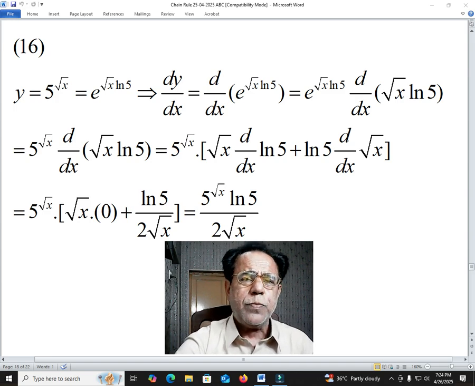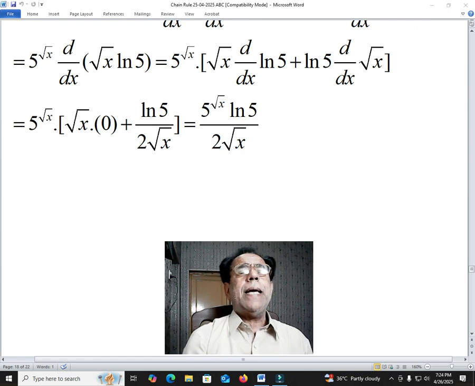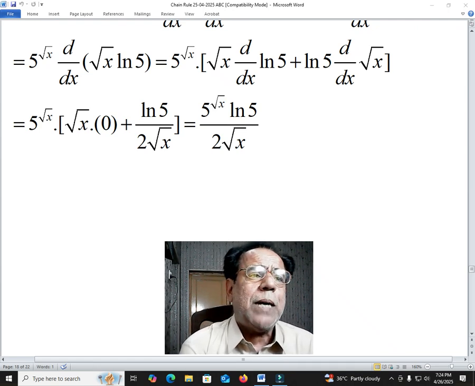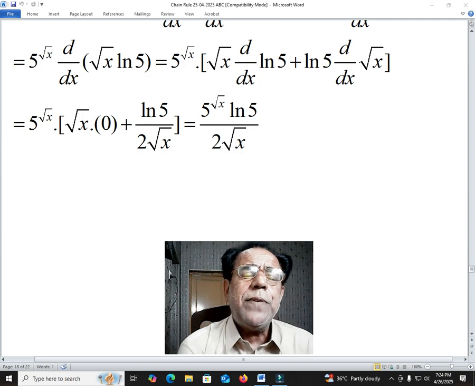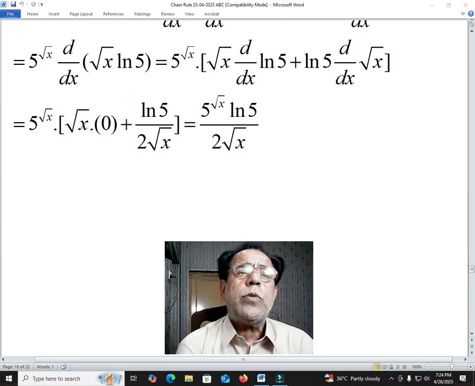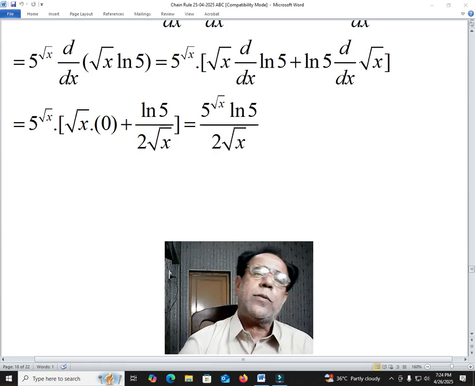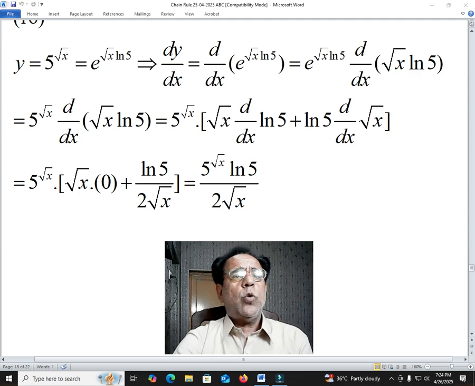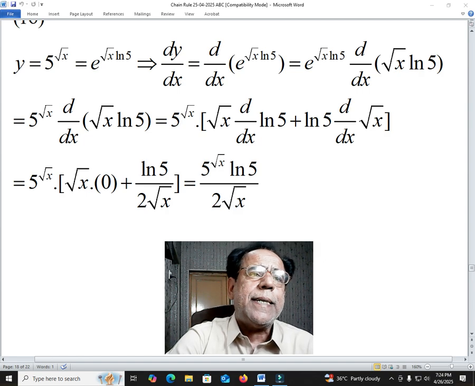Okay, so applying this methodology, our answer becomes 5 raised to power root x into log 5 over 2 into root x. Okay, any confusion? No confusion. Main thing is that we have used logarithmic identity.